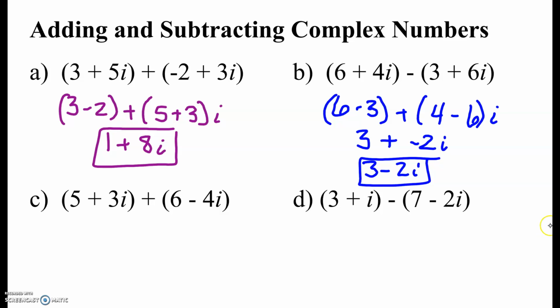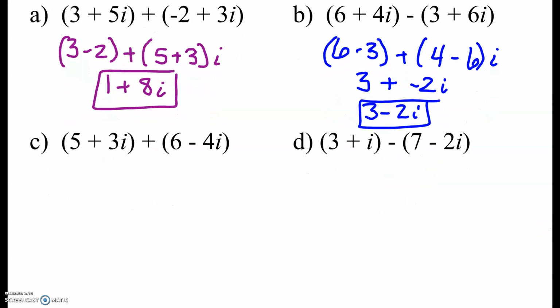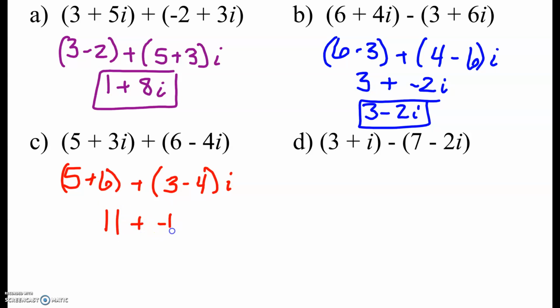Our next example, 5 plus 3i plus 6 minus 4i. So again, we're adding the real number part. We're adding the imaginary part. Now in this case it's 3 plus negative 4, or 3 minus 4. 5 plus 6 is 11. 3 minus 4 is negative 1.